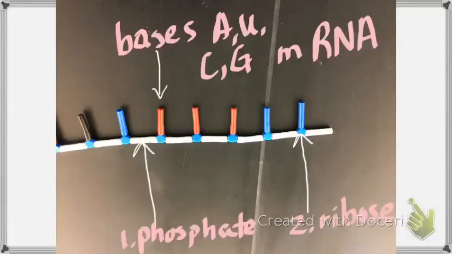AU. CG. Okay, on my picture. And remember, the picture's not on the test, but this real thing will be, okay? Super.